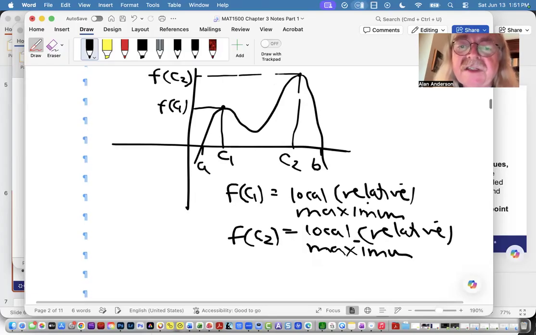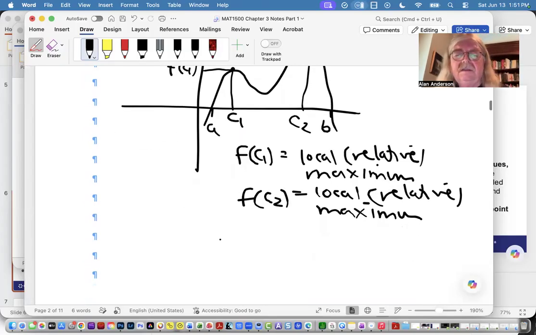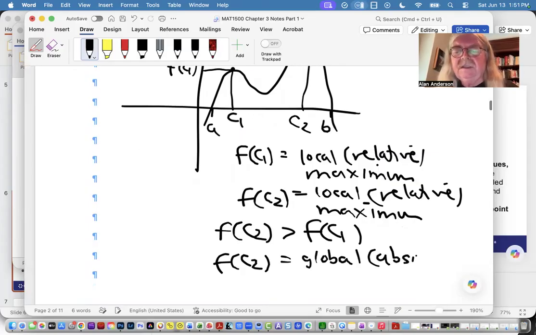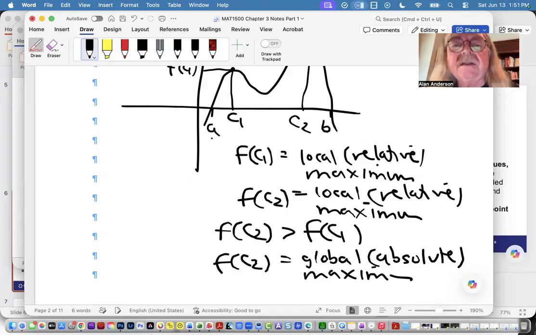But of the two, F of C2 is larger. And so therefore, F of C2 becomes the global or absolute maximum. And again, this is only with respect to this interval I, not for the entire function, only within this interval.